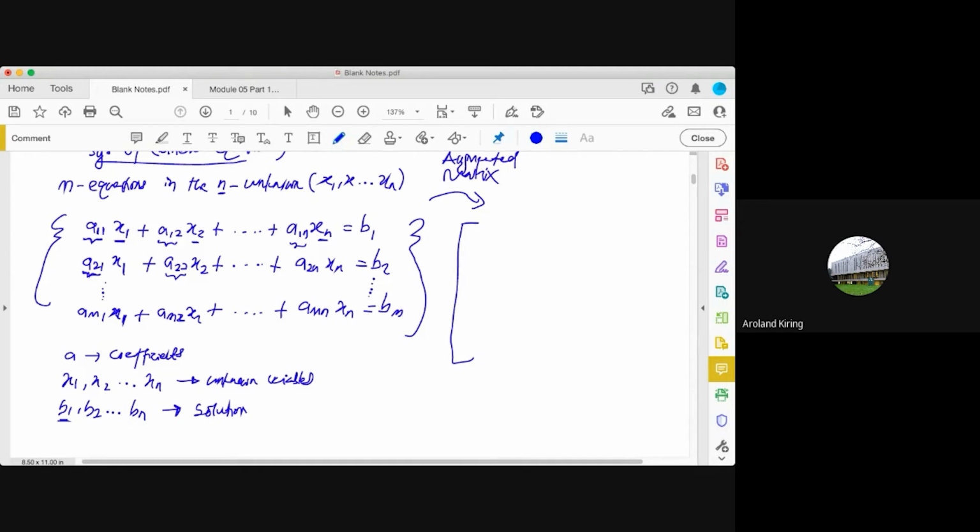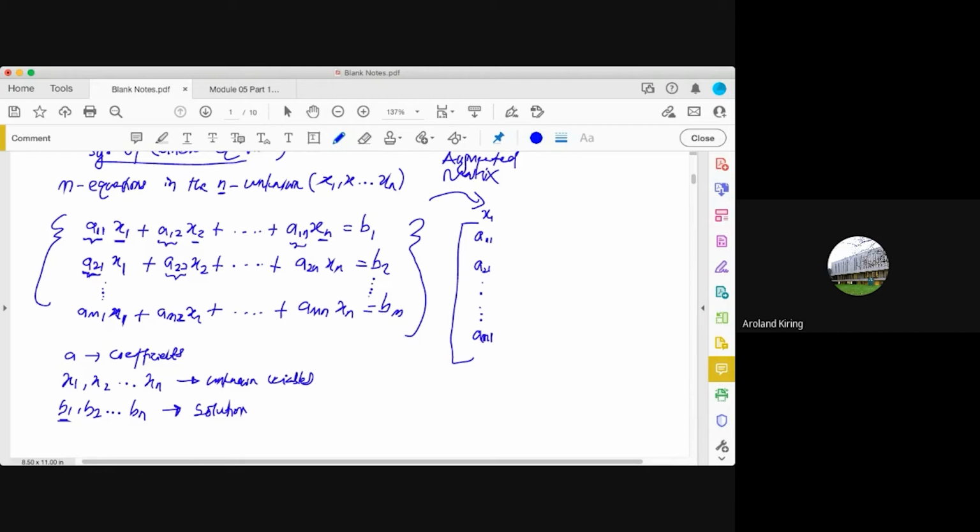We have A11, which is the coefficient at the first location, row 1 and column 1. This is what we put for our x1, so this column is for the x1. And for the second equation, we have A21, a coefficient located at row 2, column 1, and so on until we have a coefficient located at row M, column 1.